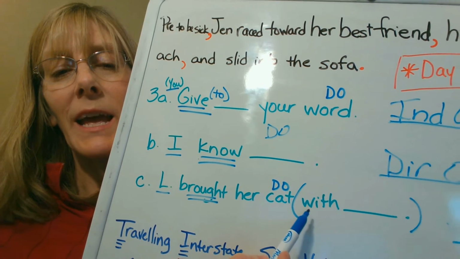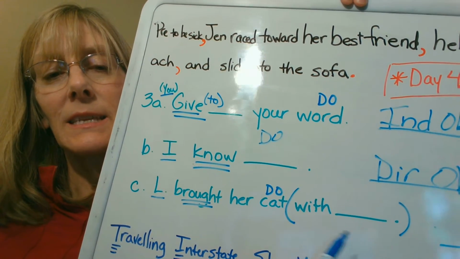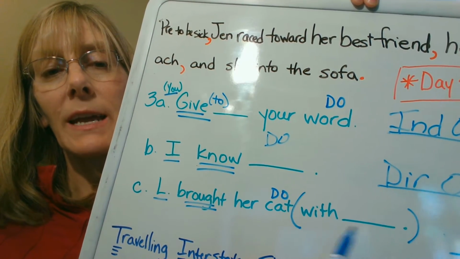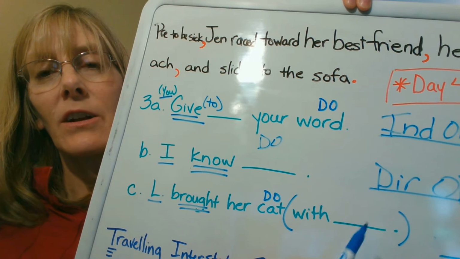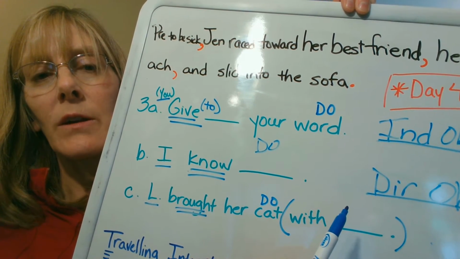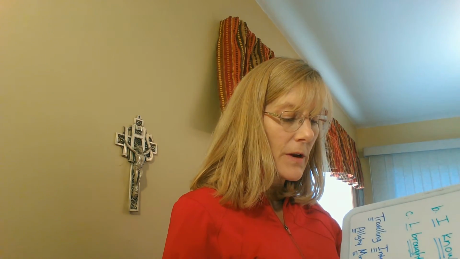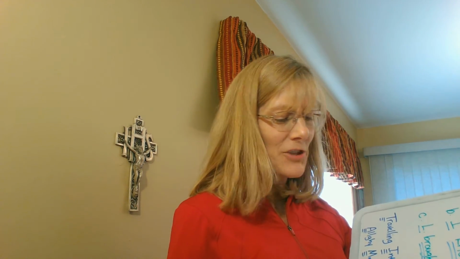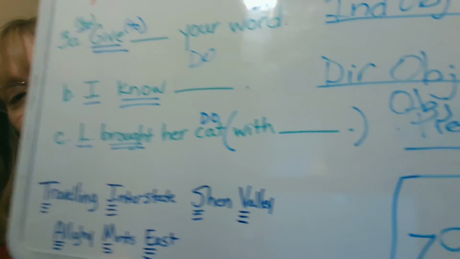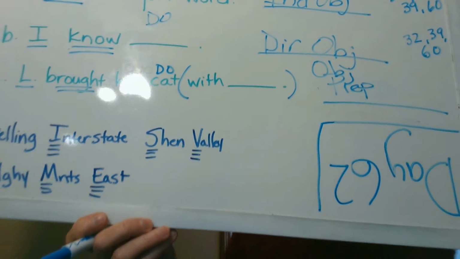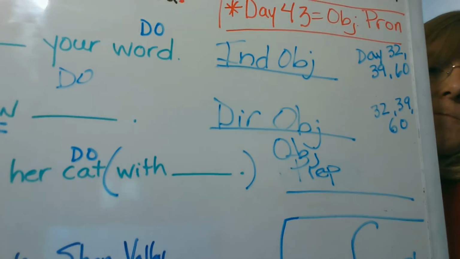And then what do we have here that we have in parentheses? A prepositional phrase. That means here, whatever we choose to use for our objective pronoun is being used as an object of the preposition.